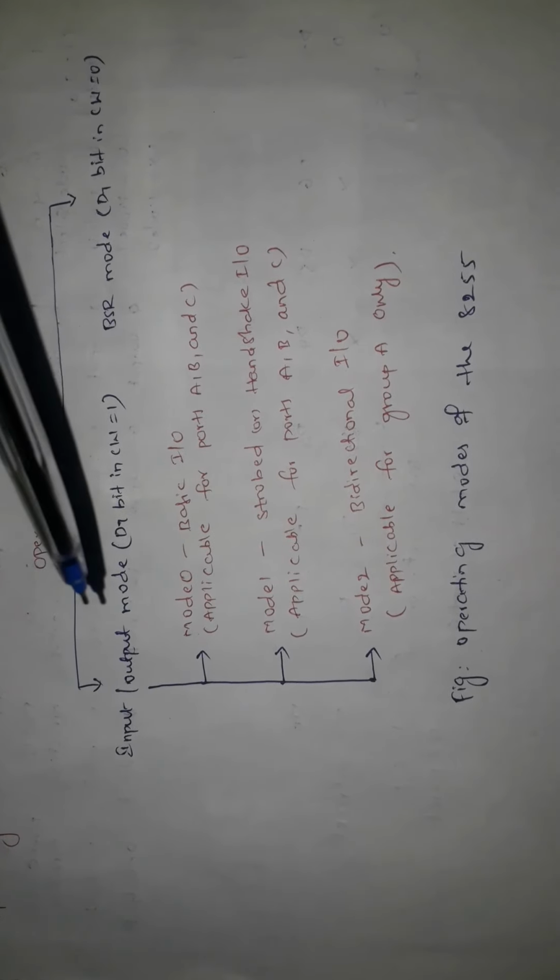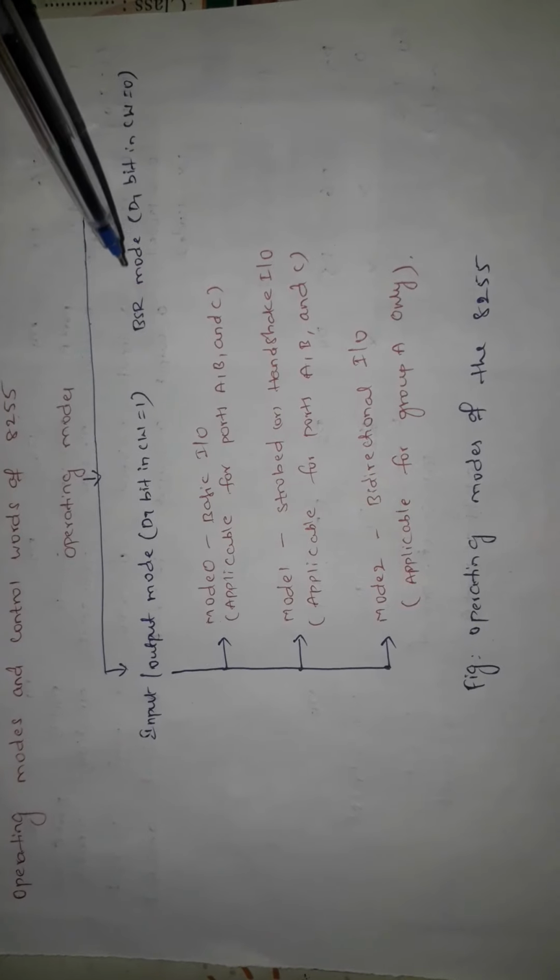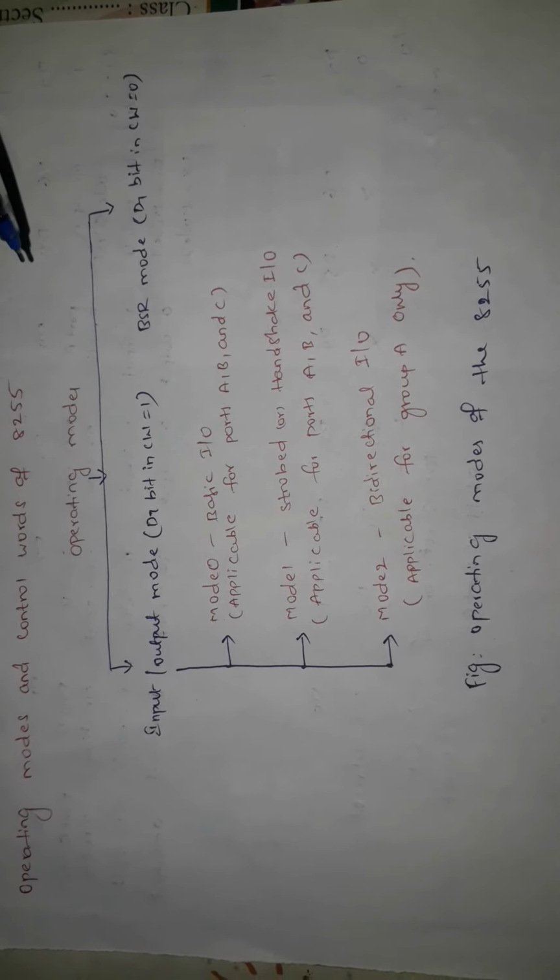In input output mode, you can use the ports as input output devices, connecting input output devices and performing operations on the input output ports. In BSR mode, you can set or reset a particular bit in the ports.